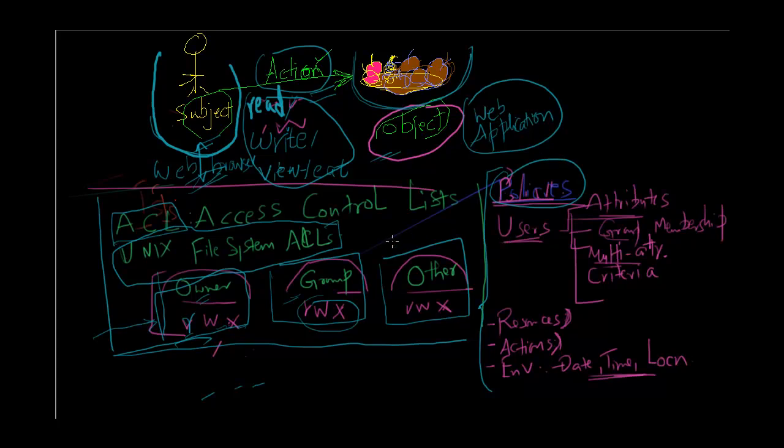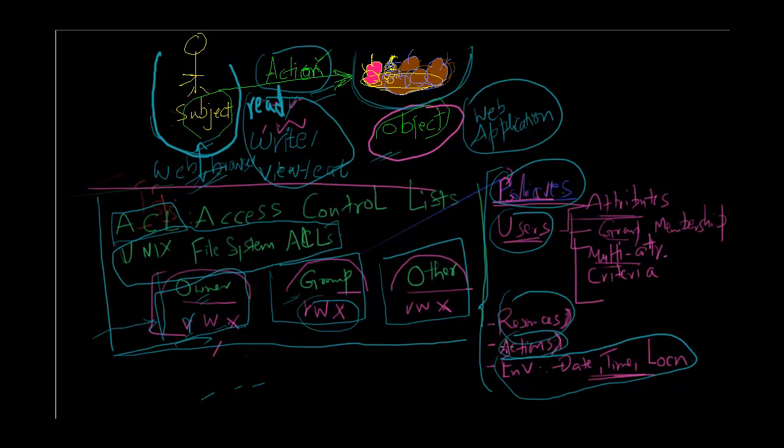Policies are similar to ACLs, however they have a bit more fineness to them. Policies consist of users, resources, in this case objects, and actions that one could perform on a particular object, plus environmental parameters. These are parameters that apply to that particular action at that point in time.